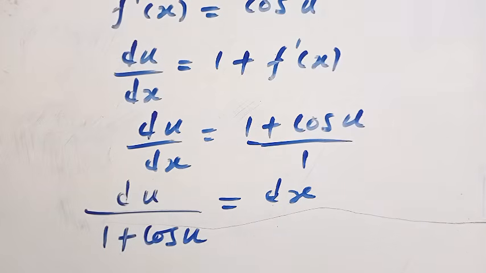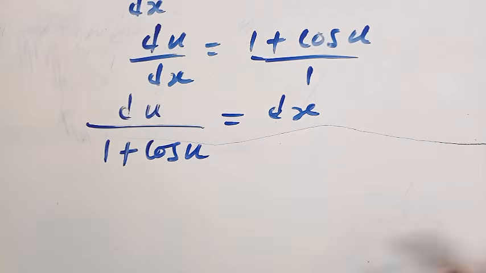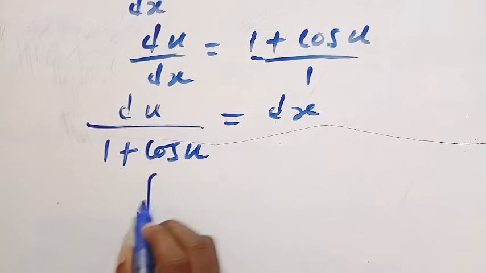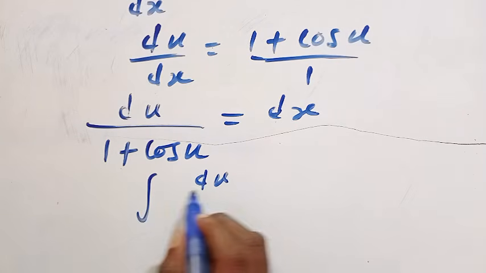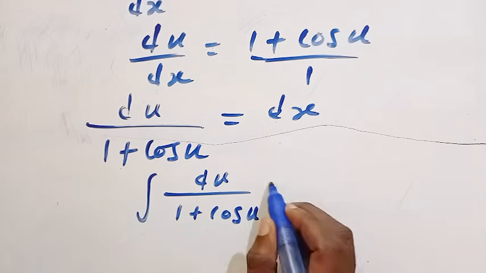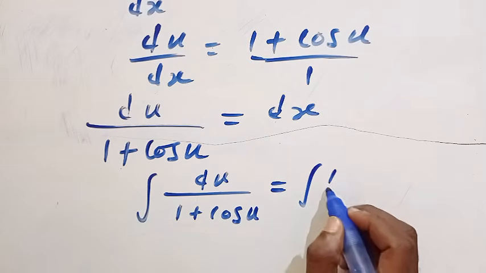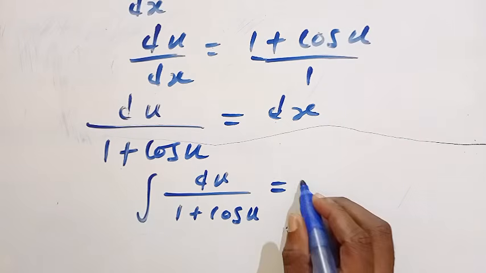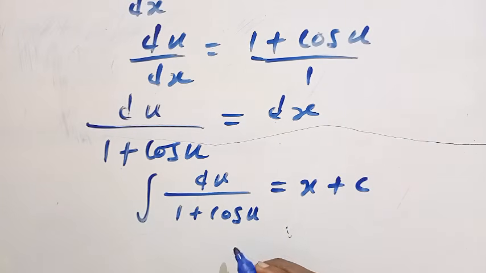We have to integrate both sides to get u. So the integral of du divided by 1 plus cos u equals the integral of dx, and when we integrate dx, this gives us x plus a constant.